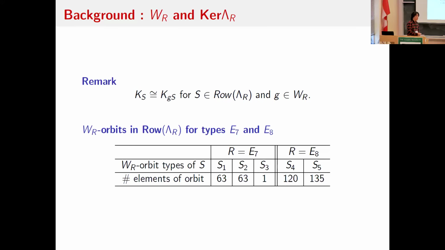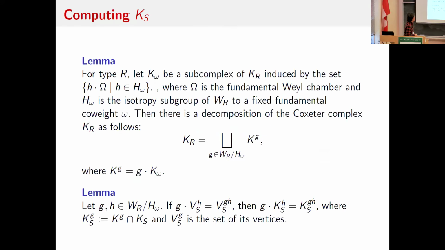So then, we cannot directly compute the KS from KR. So we decompose the KR, and this lemma says that here K omega is a subcomplex, not KS, a subcomplex induced by this set, made from the fundamental chamber and the Weyl group action by the isotropy subgroup.